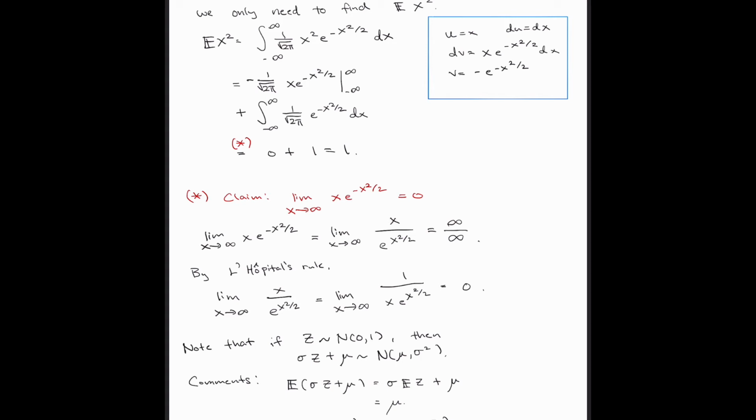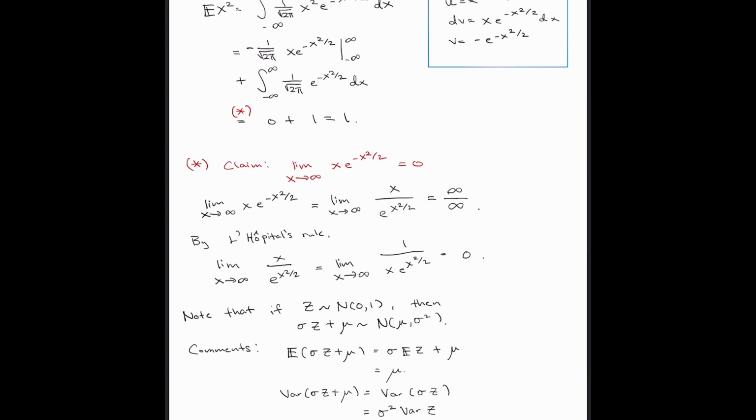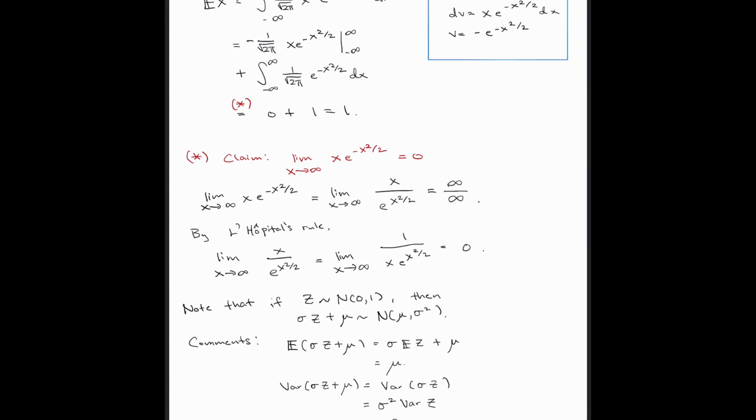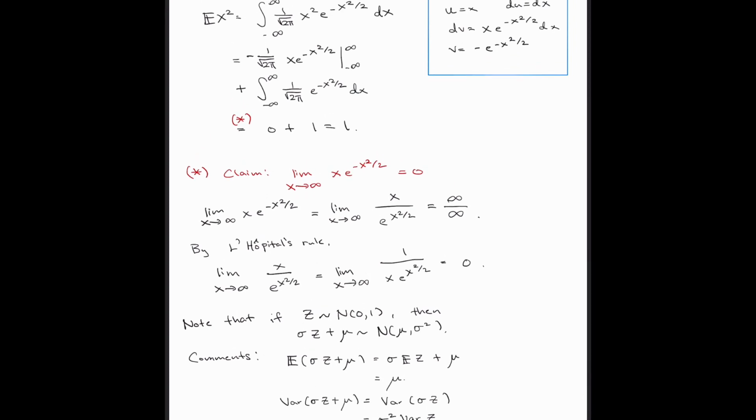but it's just a little pain. But something that we'll check quickly is that the mean and variance are right for any random variable z that has mean 0 and variance 1. So the expectation of this entire thing, by linearity, we can divide into the expectation of sigma z plus the expectation of mu.